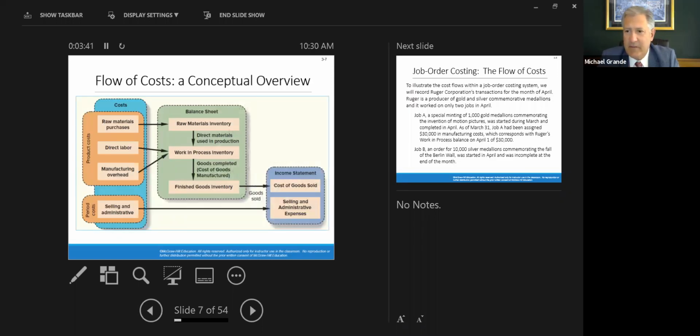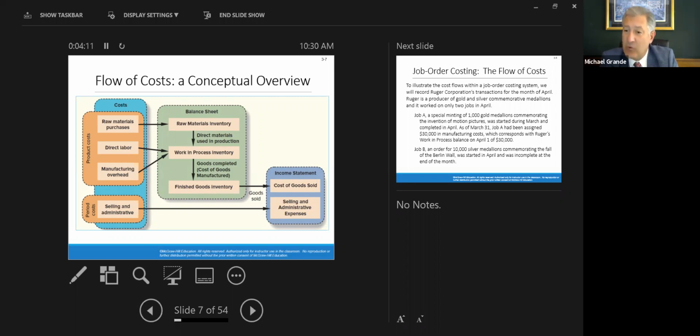So here's a schematic on the flow of costs through our balance sheet, through our financial statements. You have raw materials, direct labor, manufacturing overhead, and you can see they all go on the balance sheet. When they are completed, the costs are moved to finished goods inventory.